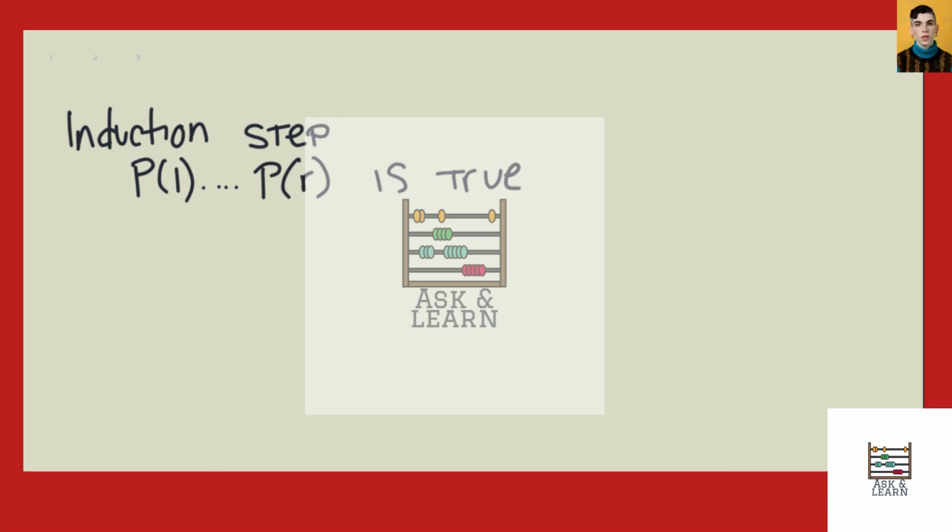Then we need to prove that the case of P(q+1) is also true.